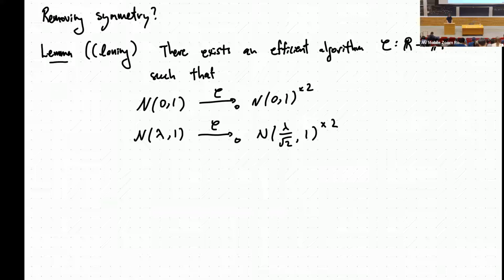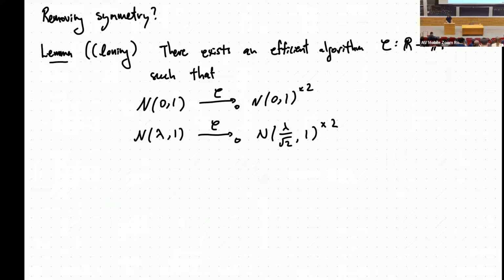The lemma says there exists an efficient algorithm, C, for cloning, that takes in a single scalar and produces a pair of scalars such that if the input is a Gaussian with mean 0, now you get 2 Gaussians with mean 0. If the input was a Gaussian with mean lambda, now you get 2 Gaussians.